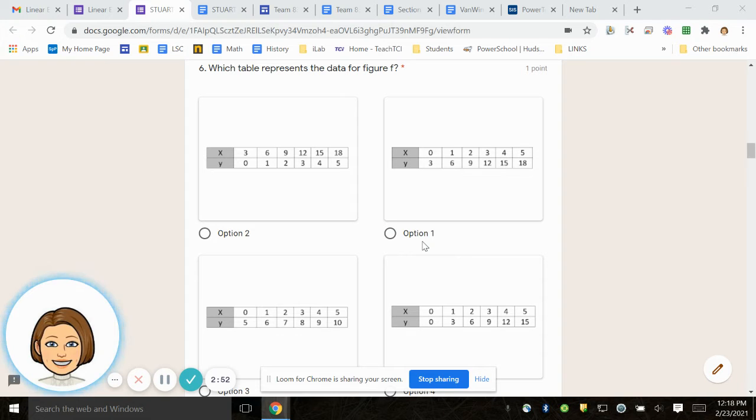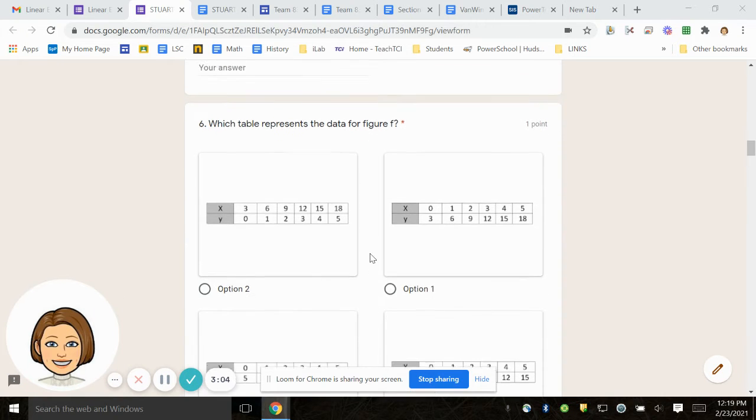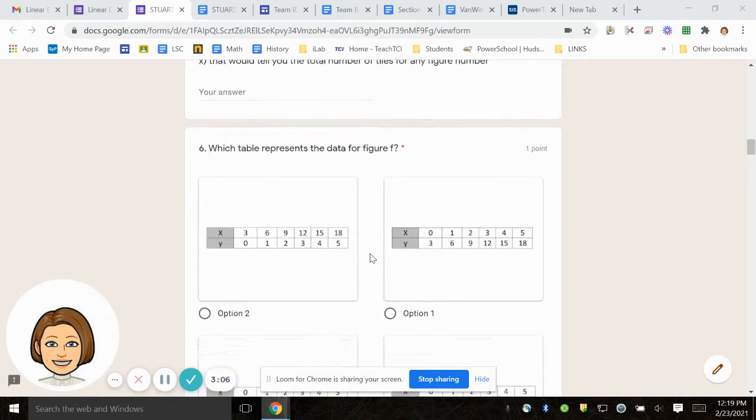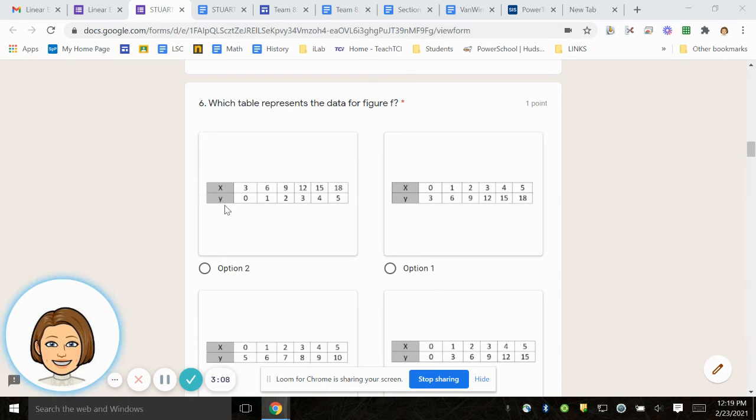Number 6. Now, if it helps to go back and look at the figure to help you figure out which table represents it, do that. Okay, so you're choosing which table fits the picture up above. Okay, you can see your X's and your Y's. X is on top, Y is on the bottom.